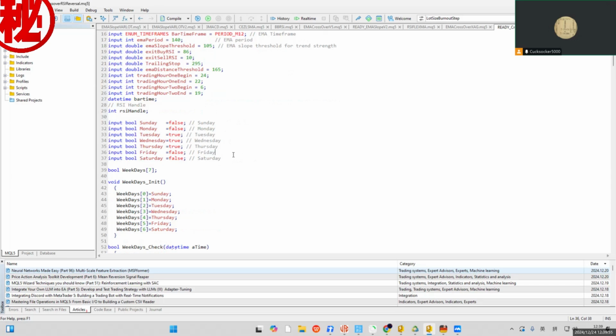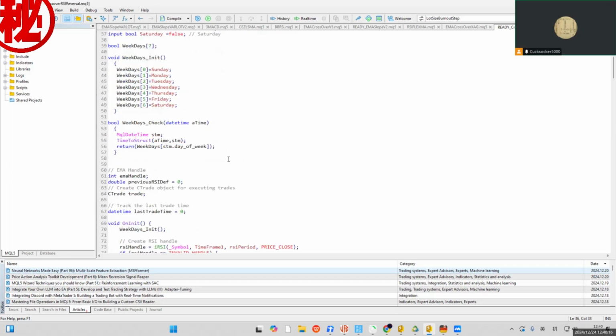On a Friday, there's manipulation when the price shoots straight up, and that is not natural. So I avoid Friday and Monday to avoid drawdowns.